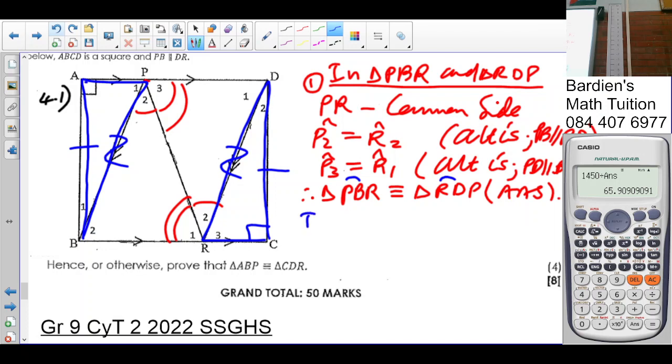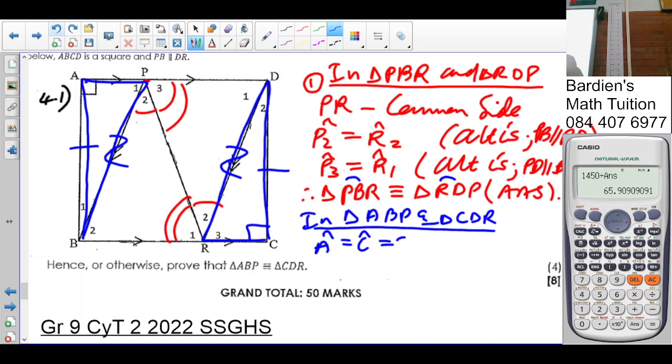We say in triangle ABP and triangle CDR, what did we say? We said angle A is equal to angle C, which is equal to 90. Why? All vertex angles are 90 degrees in a square.